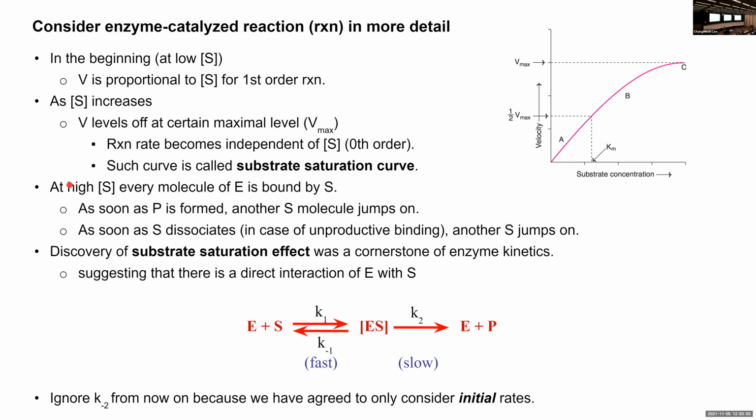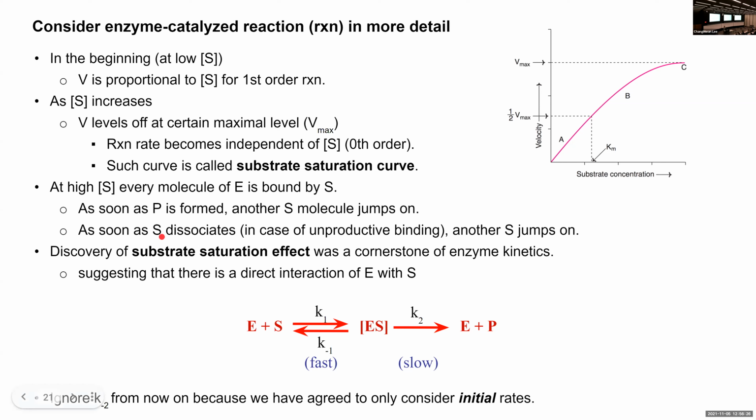At the high substrate concentration, all of the enzyme will be bound to S to make the ES complex. And that can be basically resolved, going back to the free enzyme form when the product is formed, in which case another substrate can be bound to the enzyme right away.